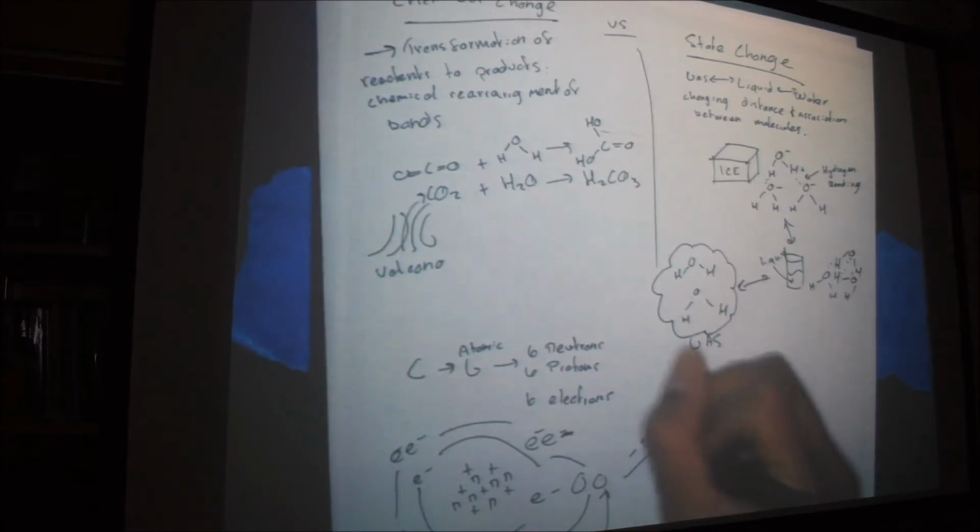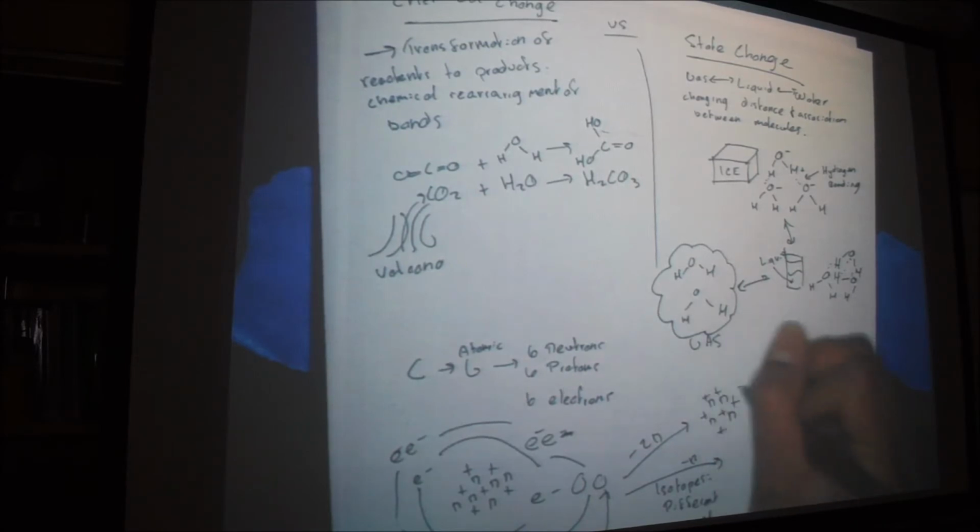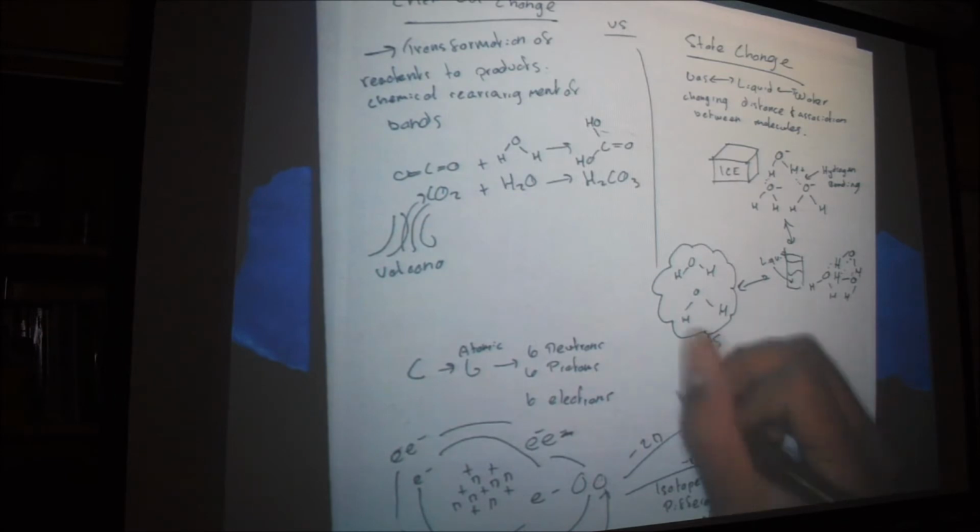So let's say we had minus 2 neutrons. And then over here we had minus 1 neutron. So what you'd have in the end, you'd have 4 neutrons. And then you'd have all of these electrons on the outside.